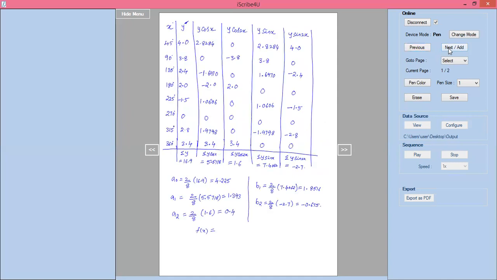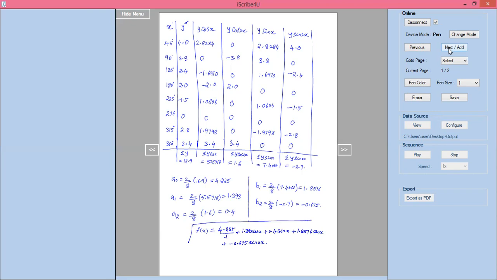F of x equal to a naught by 2, a naught is 4.225 divided by 2, plus a1 is 1.393 into cos x plus a2 is 0.4 into cos 2x plus b1 is 1.8516 into sin x plus b2 is minus 0.675 into sin 2x. This is the value of f of x.